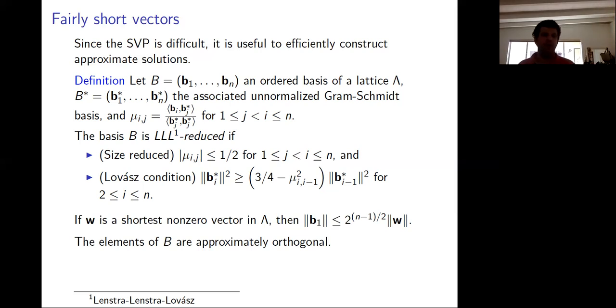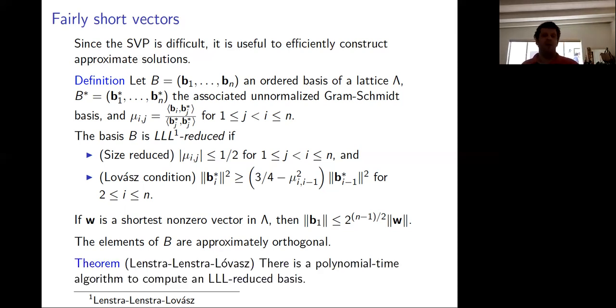And furthermore, you can see from the size reduced condition that the elements of an LLL reduced basis are approximately orthogonal. And in fact, I should say that not just the first one is short, but all of them are short in a certain well-defined sense. So we find a basis of short vectors, roughly orthogonal bases for the lattice.